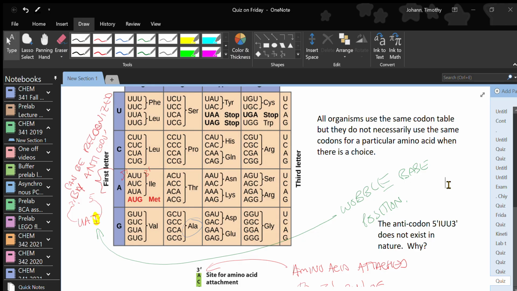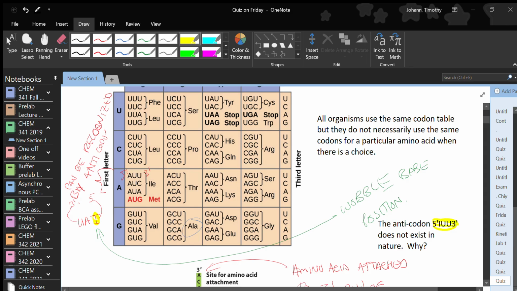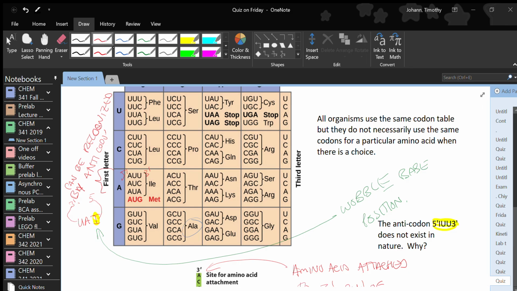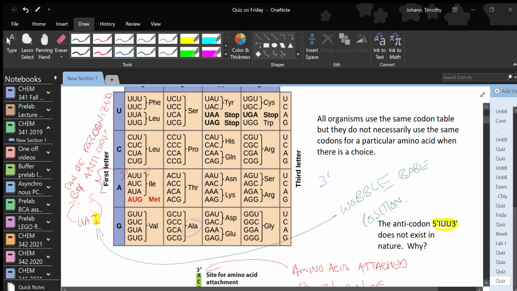Okay, let's remember that I wrote this as 5' to 3', right? And things are anti-parallel, so you need to flip it. So comparing it to these, you'd be going U, U, I. Where does it match up?